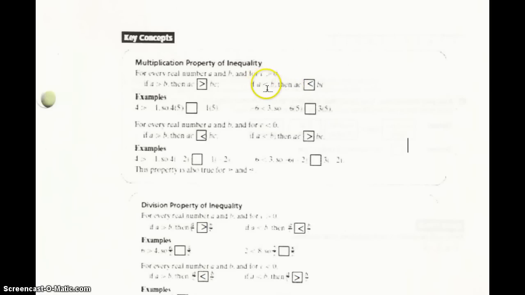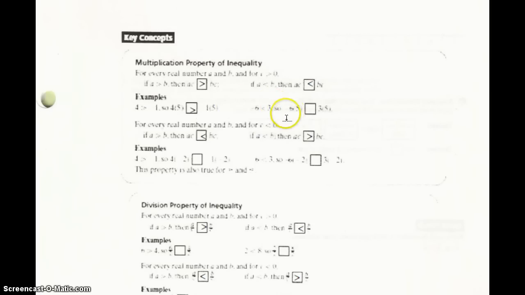So if we have a less than b, then a times c is going to be less than b times c. And the same logic kind of follows there. So if we're looking at our examples, here we have 4 is greater than negative 1. So 4 times 5, which is 20, is obviously going to remain greater than negative 1 times 5, which is negative 5.